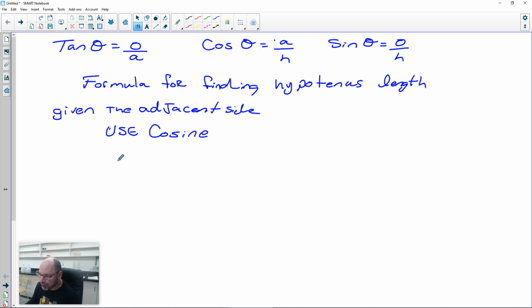So the formula for hypotenuse would be hypotenuse equals the adjacent side divided by the cosine of the angle.